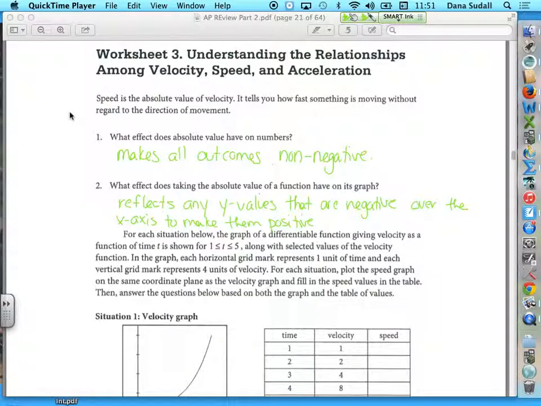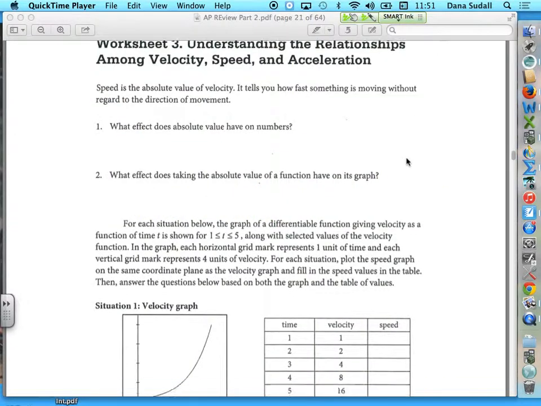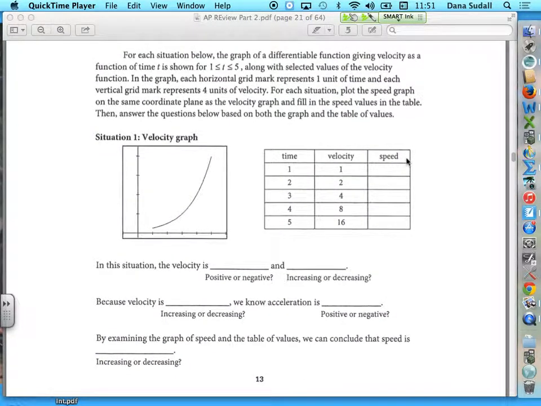So any part of your graph that goes below the x-axis will reflect above and become positive.